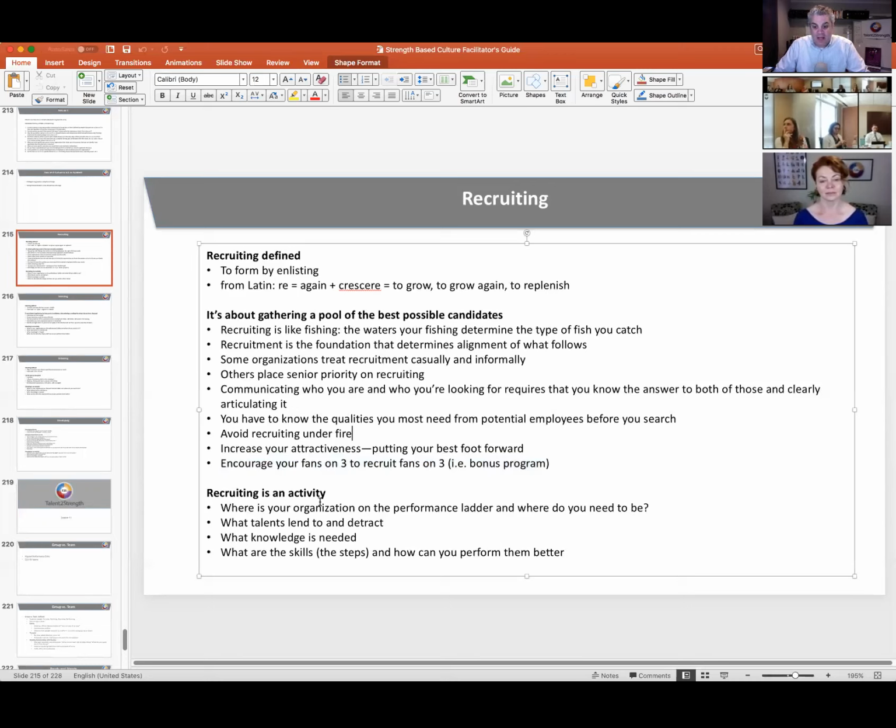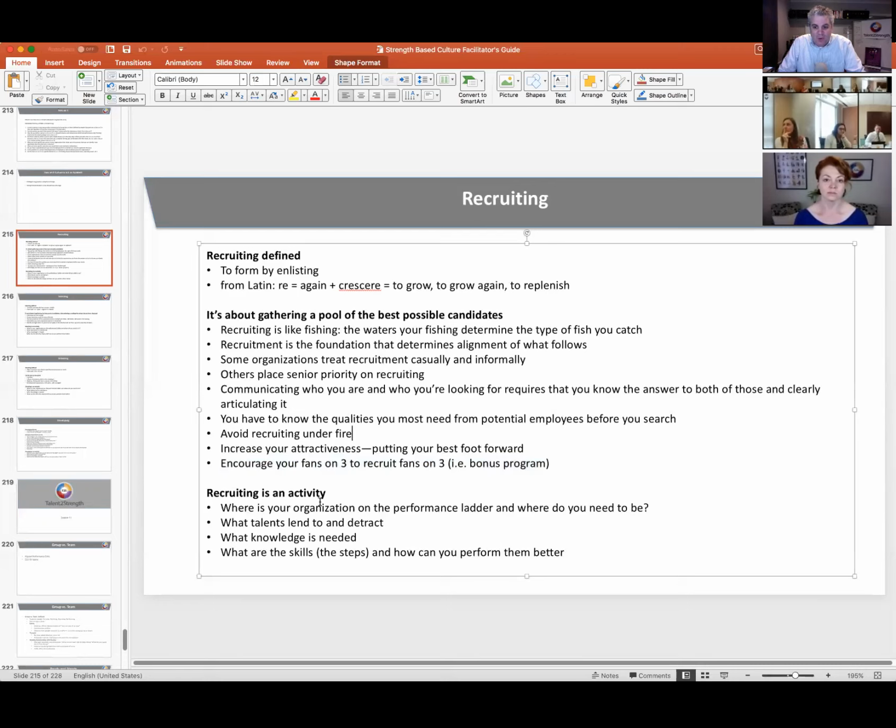The fans on 3 usually aren't looking for jobs. But if you could find them, it might be worth investing in that strategy. If there's a search firm that's good at reaching out to people, you want to find those fans on 3 and bring them into your fold. It's worth the extra money to recruit them. They're worth so much more than you pay.